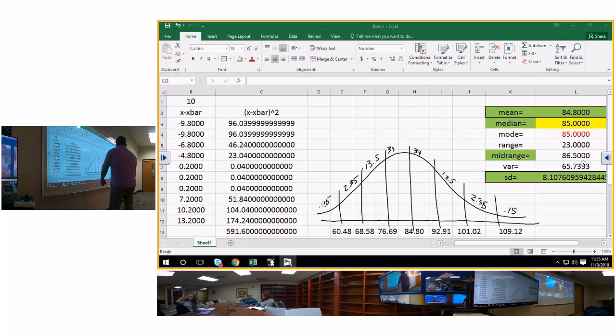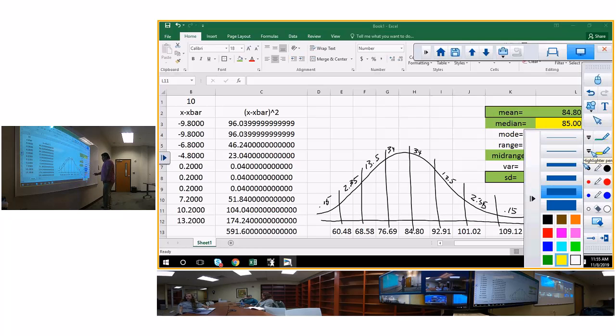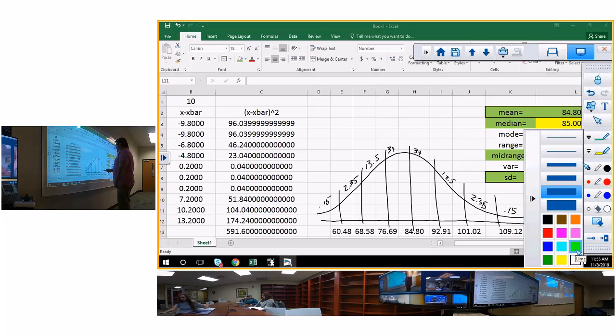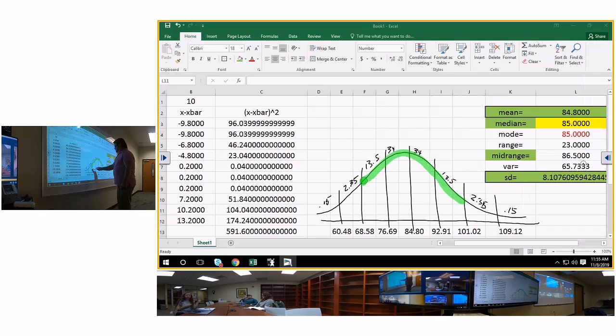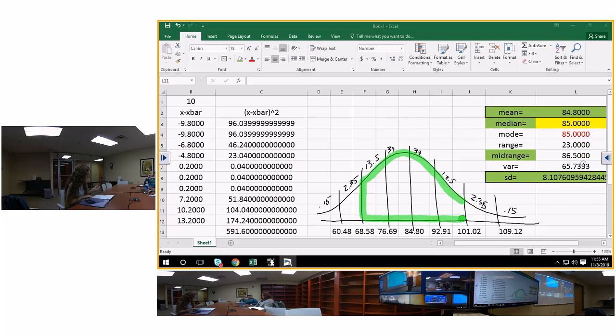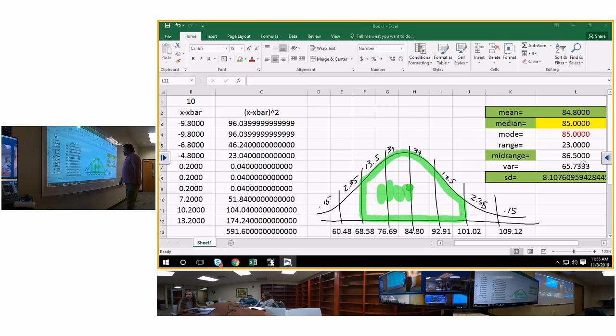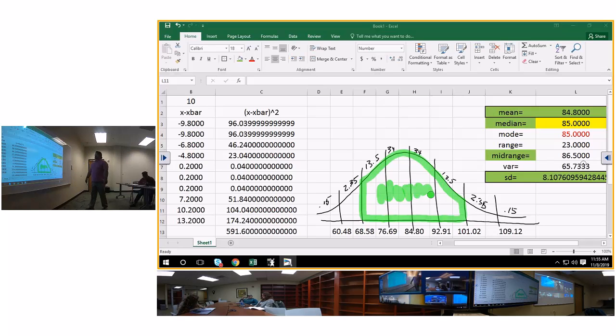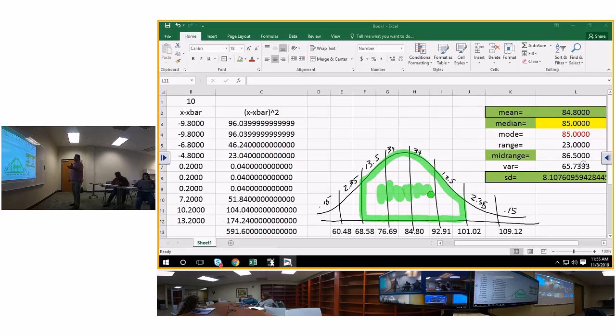Now let's grab our handy dandy green highlighter, because green stands for normal. That's what my daughter used to call it when she was little. Normal. So normal is going to be between 69 and what? 101.